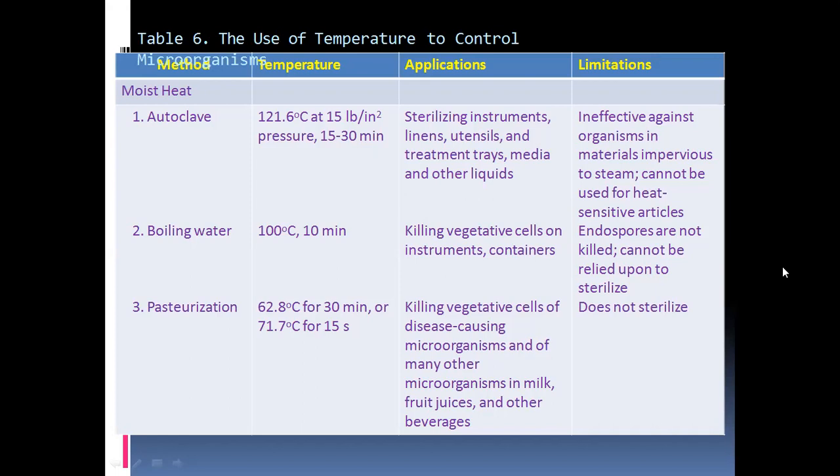Okay, when we talk about the first method of moist heat, which is the autoclave, in the autoclave the temperature is 121.6 degrees C at 15 pounds per square inch pressure.